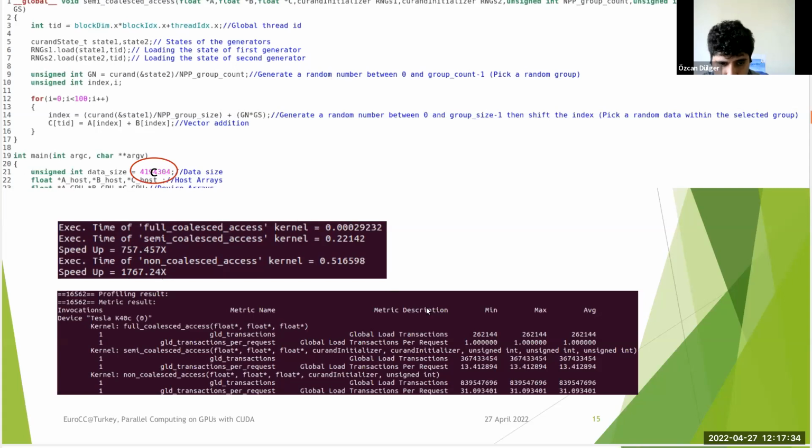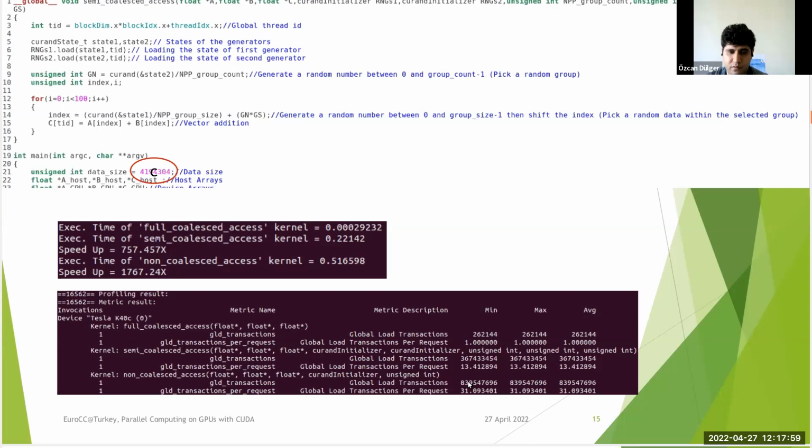So when we check the results of the metrics, as you see, the average number of global load transactions is 1 for full coalesced, 13.4 for semi-coalesced, and 31.09 for non-coalesced access.